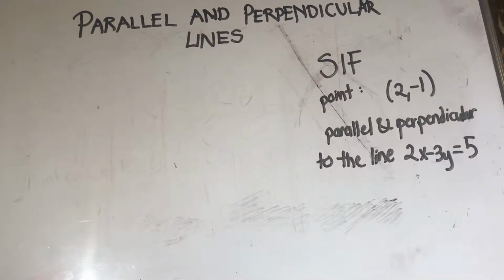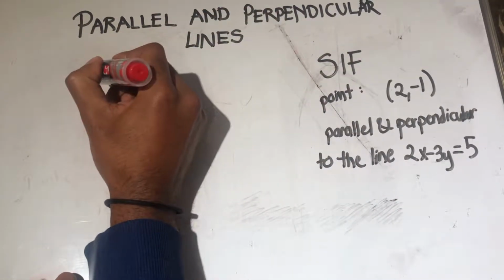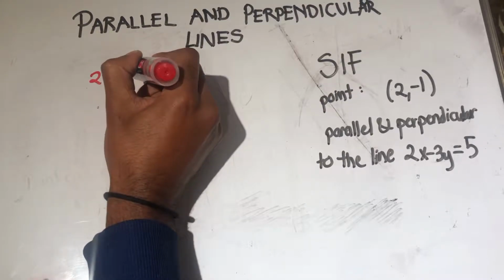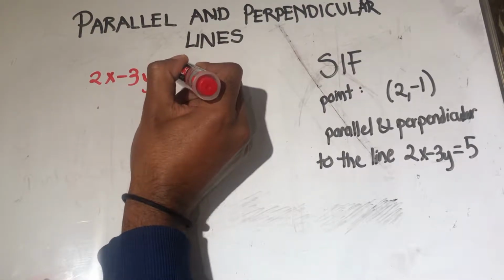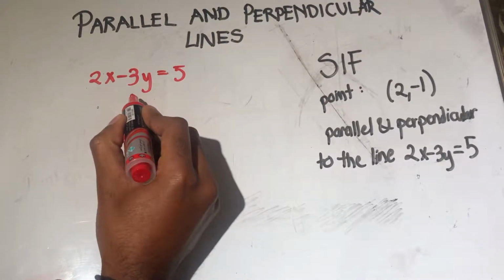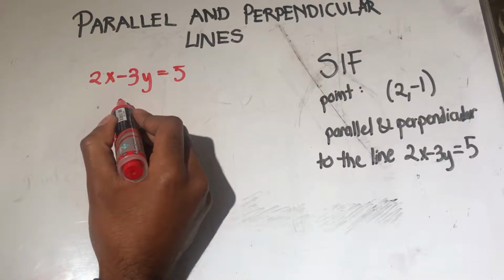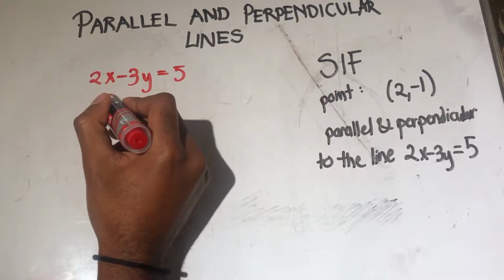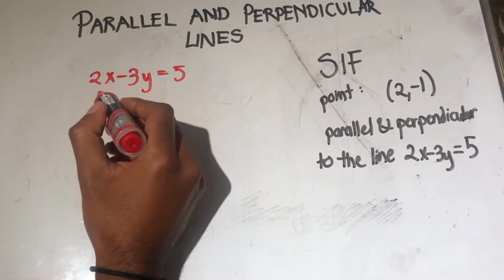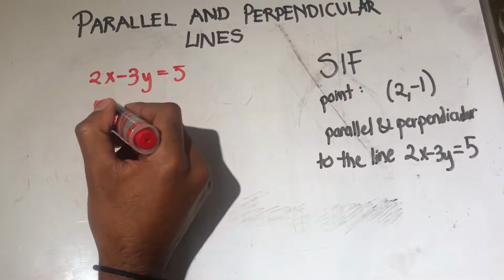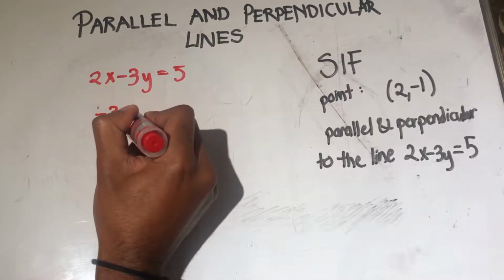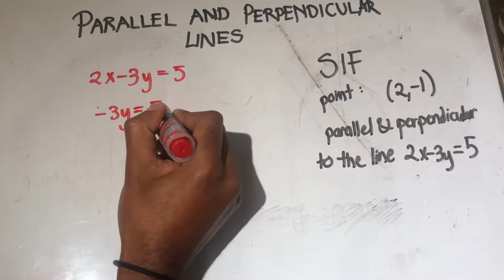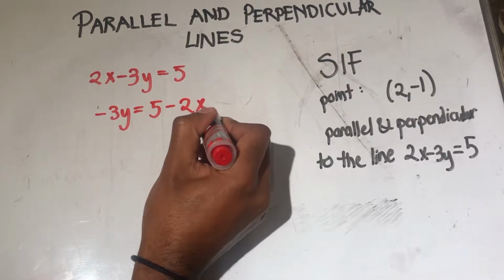Now we can begin by writing out the equation in slope-intercept form. So we have 2x minus 3y equals 5. What I'm trying to do is just keep the y term on one side and everything else on the other side. So we can begin by subtracting 2x on each side. We'll get -3y equals 5 minus 2x.